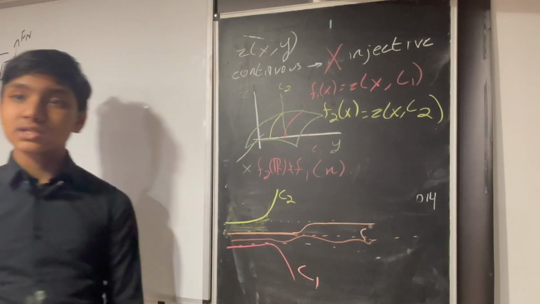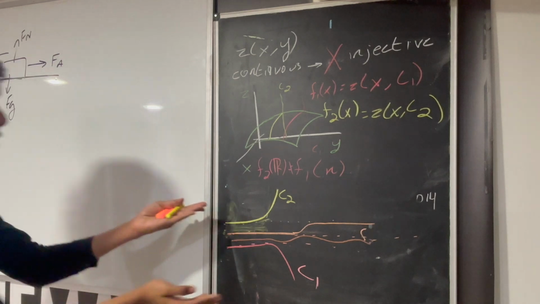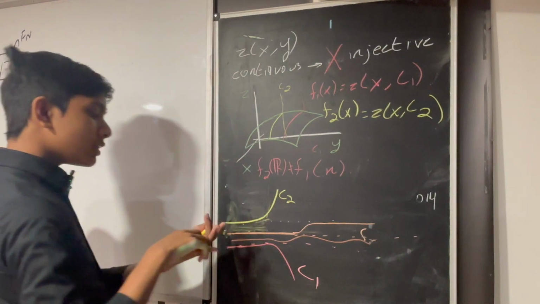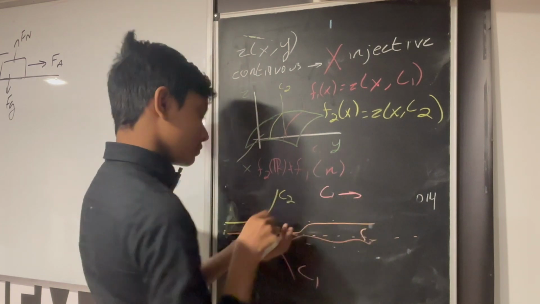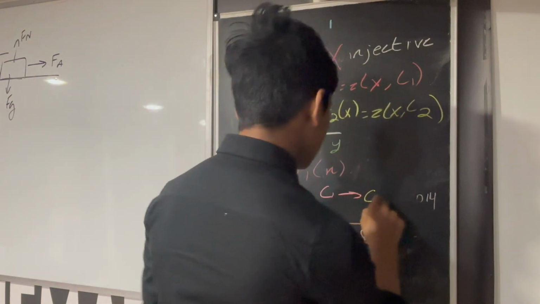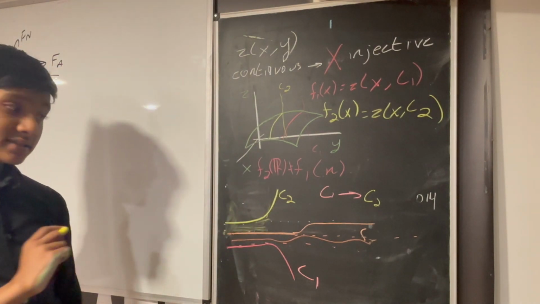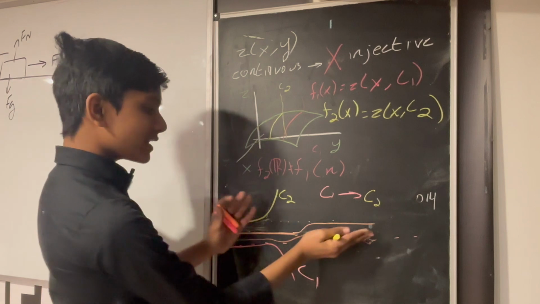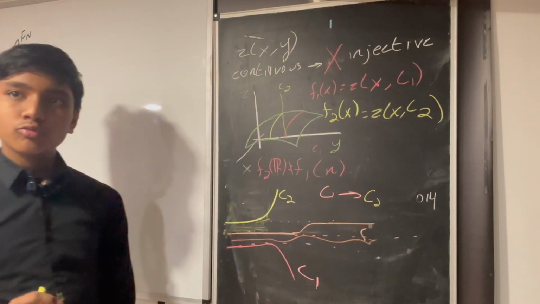But that's not the biggest problem. The biggest problem is what happens when these two guys converge on each other. What happens if C1 approaches C2? In that case, this guy gets squished between the two. And here's the problem with that.